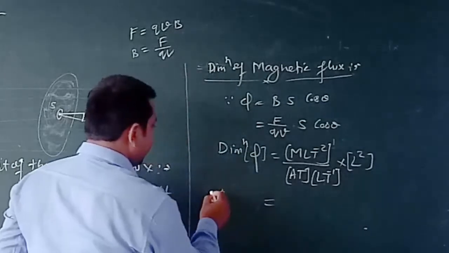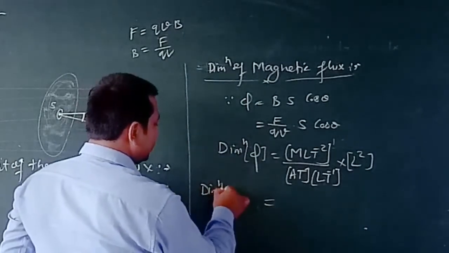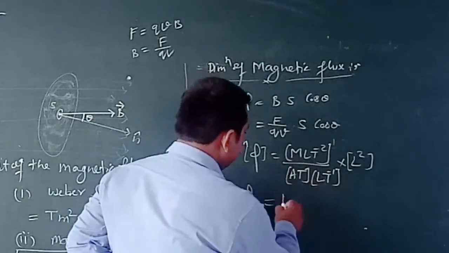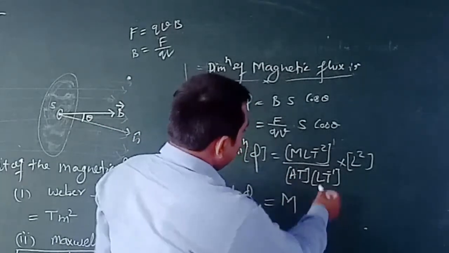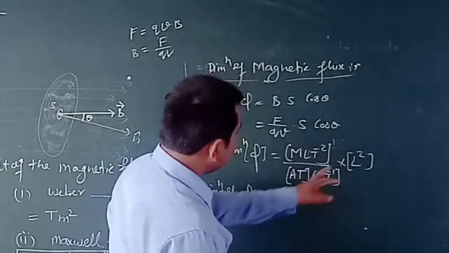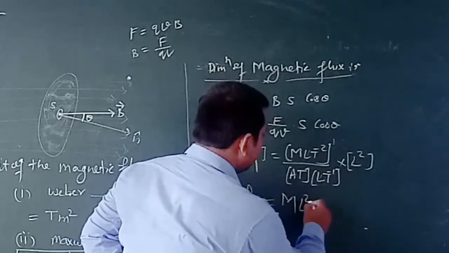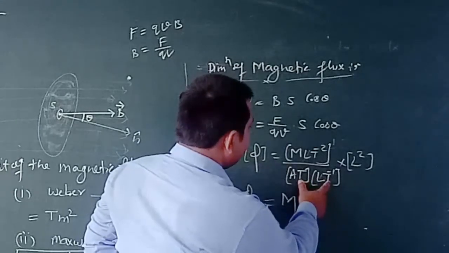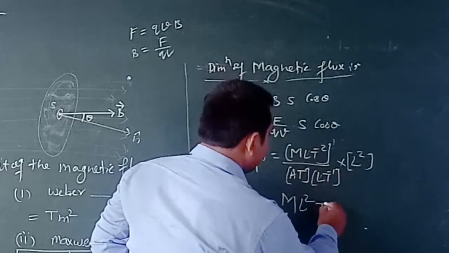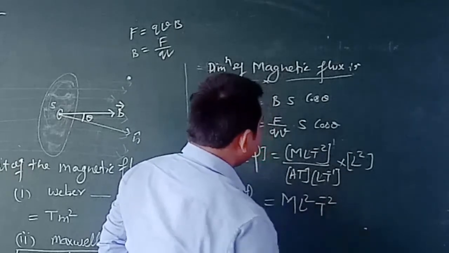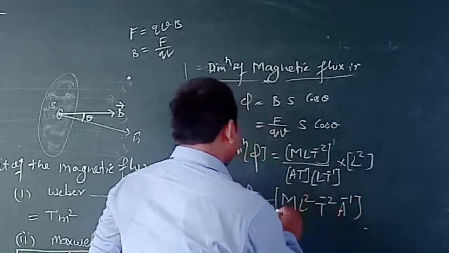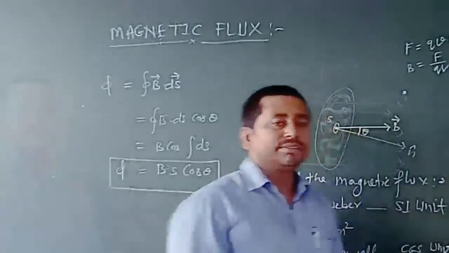So from here we get the dimension of phi equal to M, L, this L and this L will cancel each other, from here L square, and this T and T will cancel each other, and from here T to the power minus 2 and A to the power minus 1. This is the simple dimensional formula of the magnetic flux.